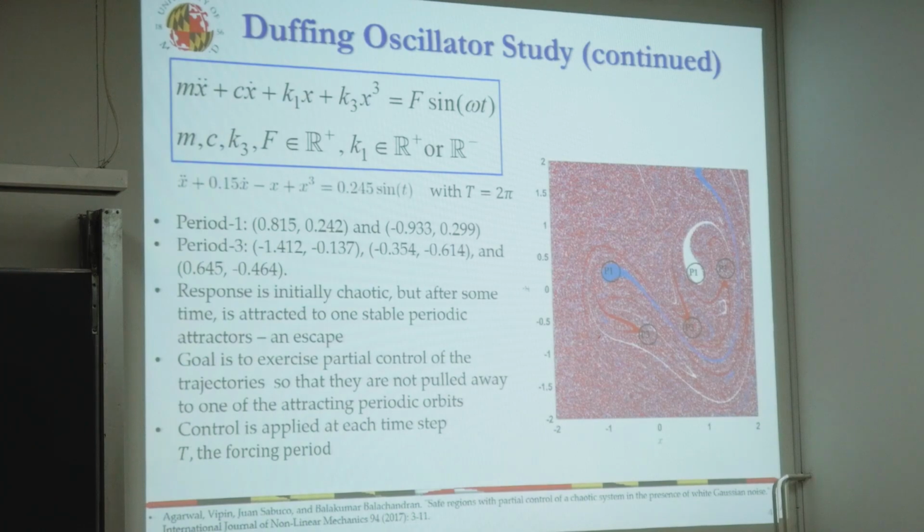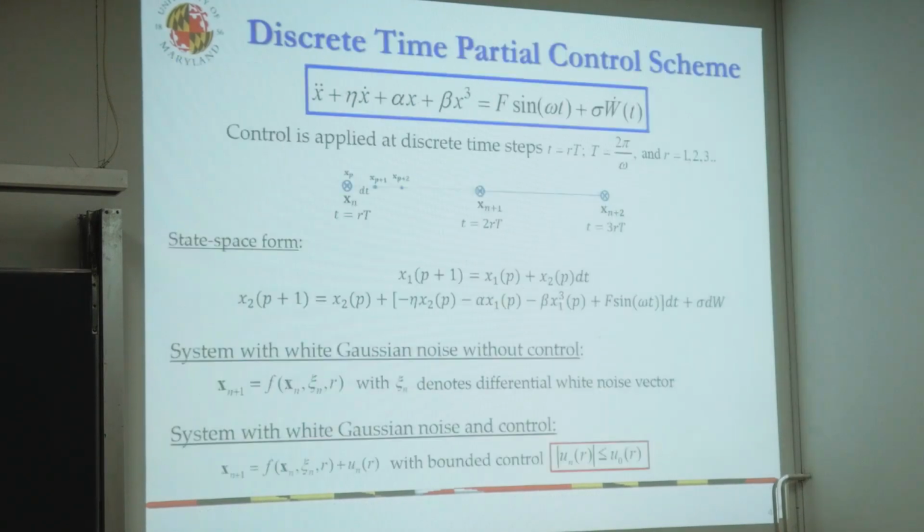We have done some studies with the Duffing oscillator as a prototype. In this case, for particular parameters, you have period 1, period 3, apart from a chaotic response. So how do I keep my system in the chaotic response region without moving to P1 or P3? Of the different things you could do, we have followed what others have done.